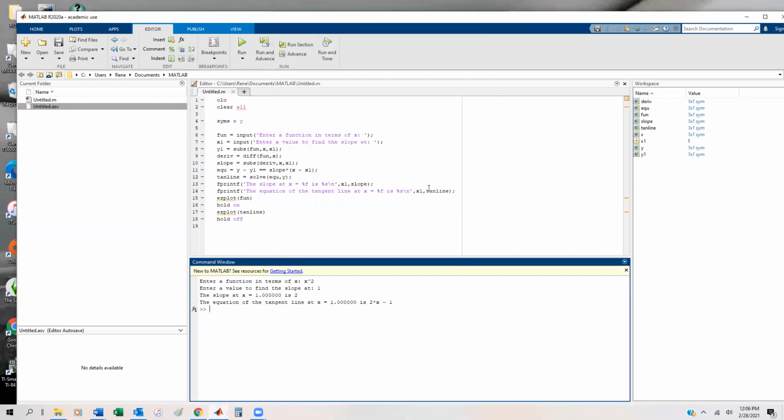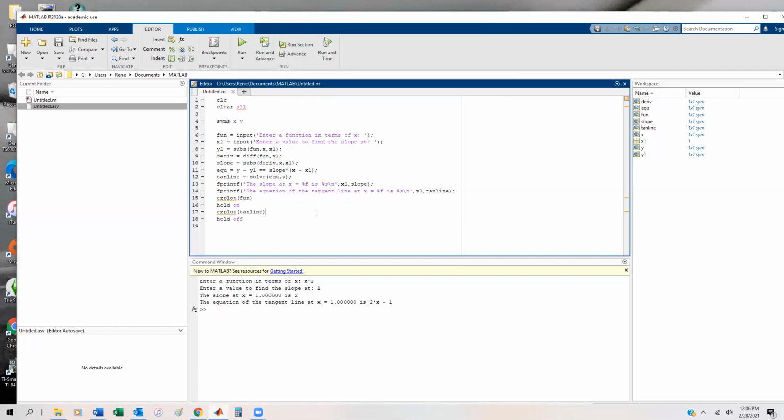By the way, if you wanted to plot some points on here specifically, you could back up here, do another hold on, and plot x1 comma y1, which is the point, and then do a circle and run it.